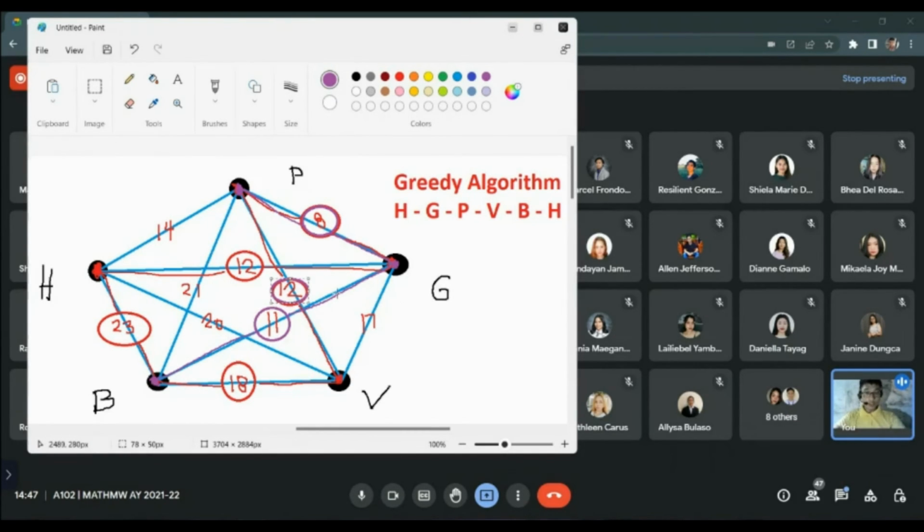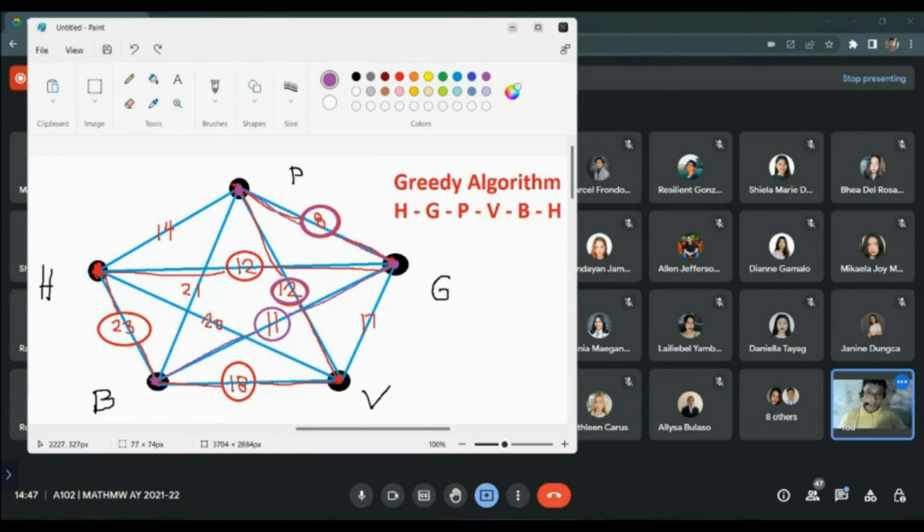So let's see. Post office to video rental, 12 minutes. Post office to the bank, shorter siya. Wait lang, I'm sorry. Let me clarify that. Going to home pala yung hindi pa natin napupuntahan na vertex. So, comparing 14 minutes and 12 minutes, shorter si 12.